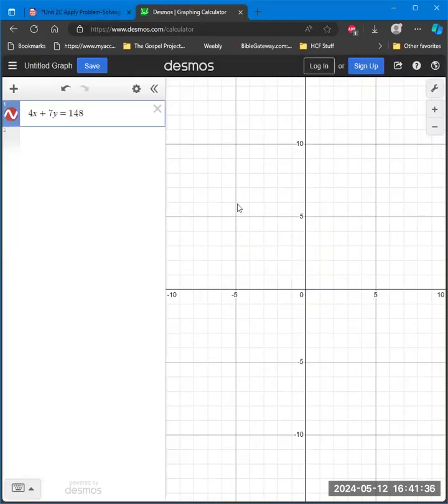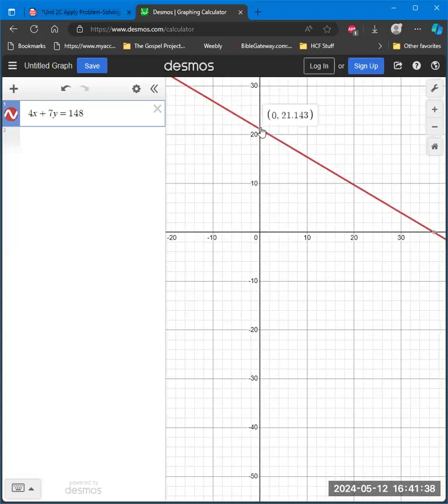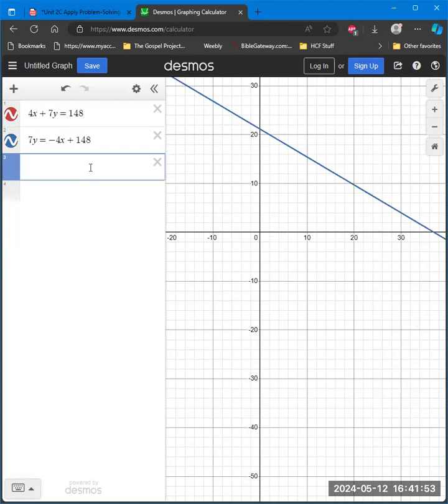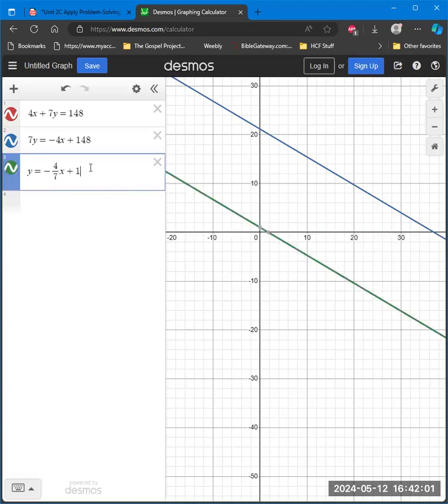The equation of the line is there. And so we're going to rewrite that as 7y equals negative 4x plus 148. And then take the next step to say y equals negative 4/7 x plus 148 divided by 7.